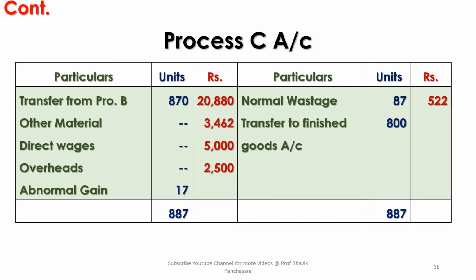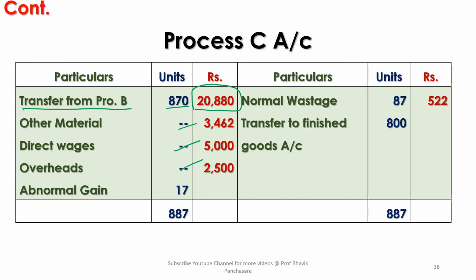Okay friends, now we will put the values in the amount column. So here transfer from process B 870 units, and the same amount that we have shown in process B we will put here, 20,880. After that the values of other material, direct wages and overheads we will put as shown in the question.